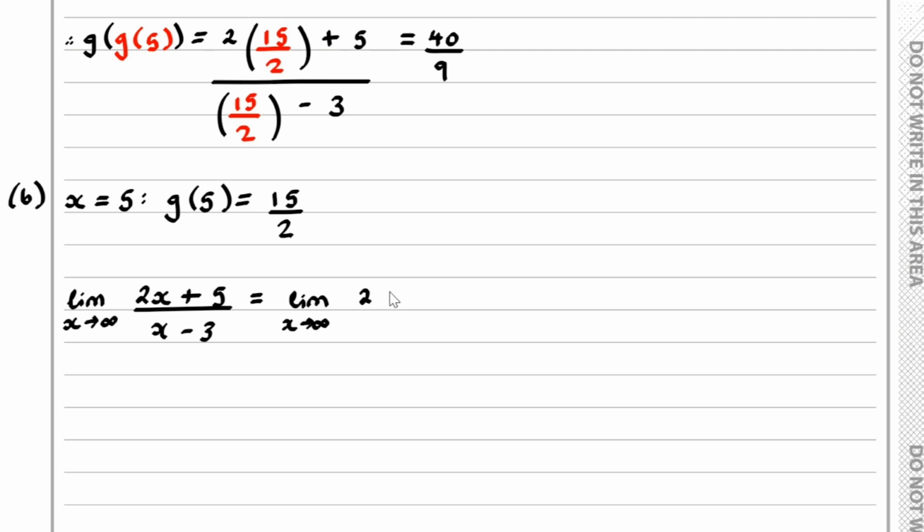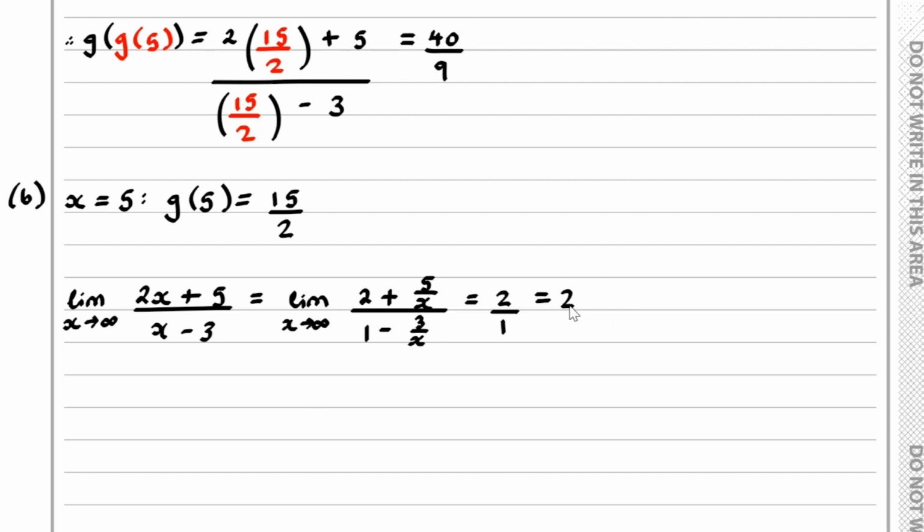So I've got 2 plus 5 over x divided by 1 subtract 3 over x. And as x gets very large, 5 over x and 3 over x tends towards 0. And so what we will be left with is 2 over 1, which is just 2.